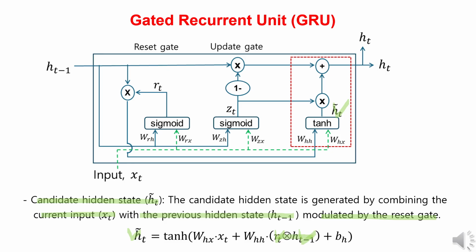This step determines how much of the past information will be reflected. Then we take this adjusted hidden state and the current input x sub t, apply their respective weights, add them together, and pass the result through a tanh function to compute the candidate hidden state.